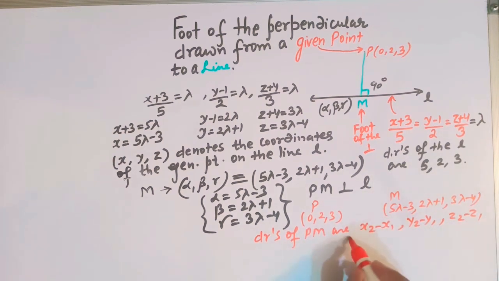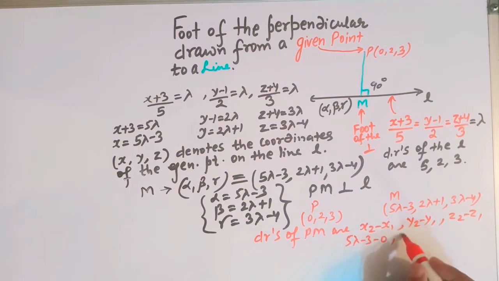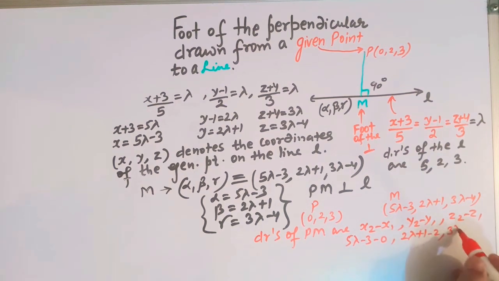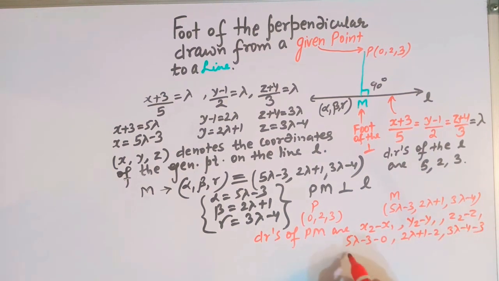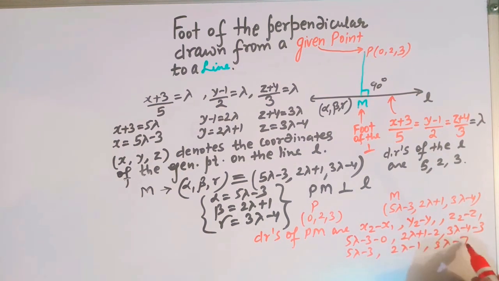So here we have 5 lambda minus 3 minus 0, 2 lambda plus 1 minus 2, 3 lambda minus 4 minus 3, so this is 5 lambda minus 3, this is 2 lambda minus 1, and this is 3 lambda minus 7, right?